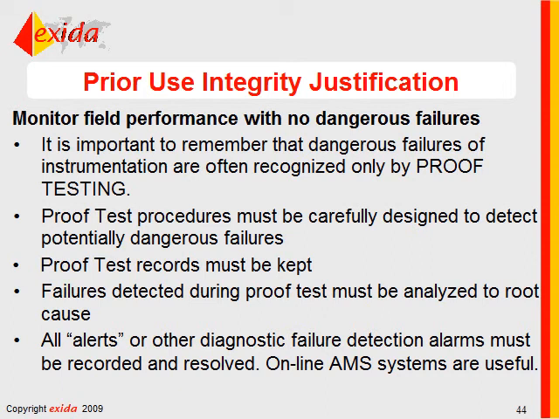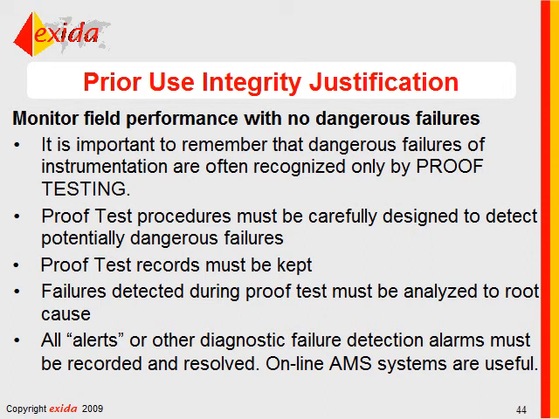Now, what do we mean by monitoring field performance with no dangerous failures? That is the objective, isn't it? I have to ask you, how do you know a dangerous failure has occurred? In a safety system, if there's no dangerous condition, and a transmitter output is frozen, for example, how do you know it's frozen?